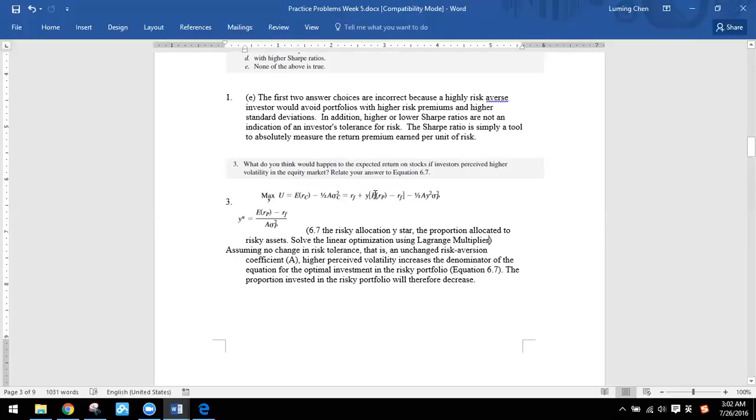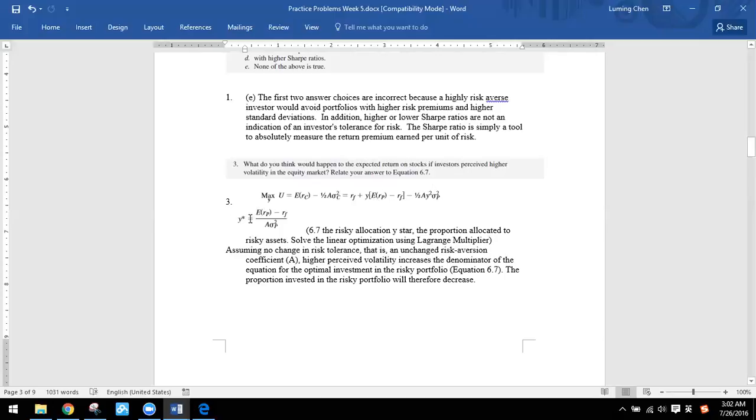If we open the bracket, we can see that you invest 1 minus Y in risk-free assets and Y in risky assets. And this is the variance of the portfolio with only a single risky asset and the risk-free asset.